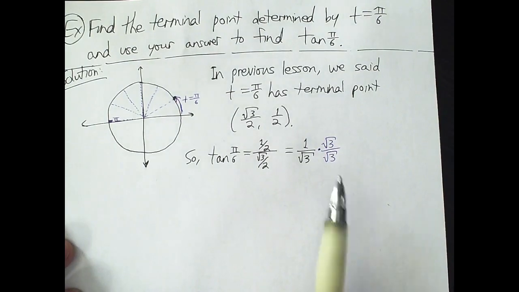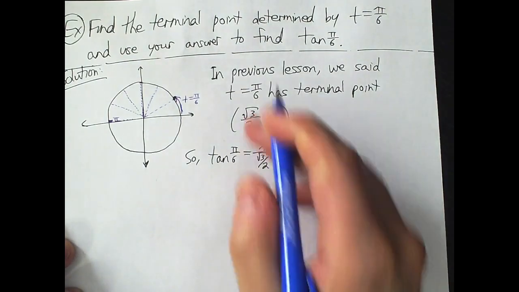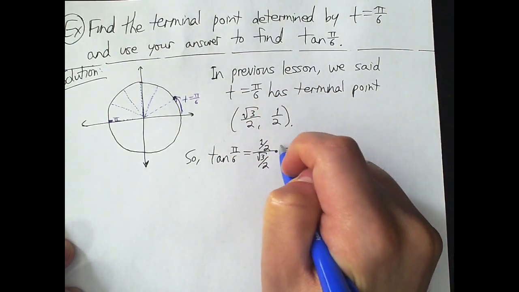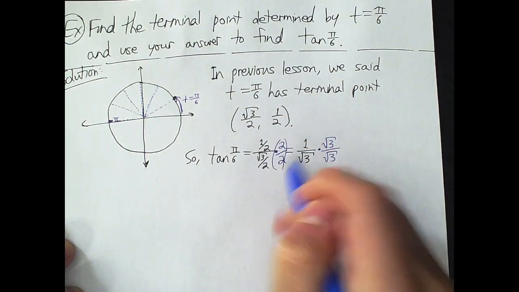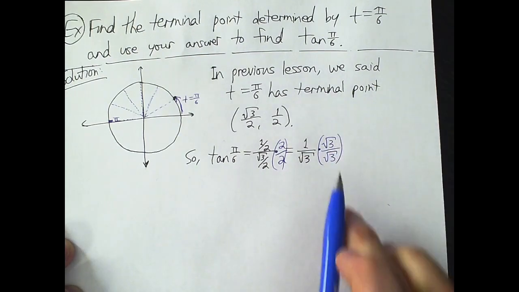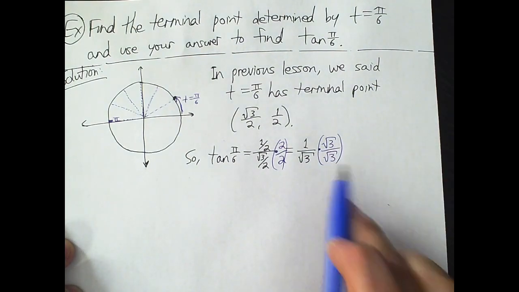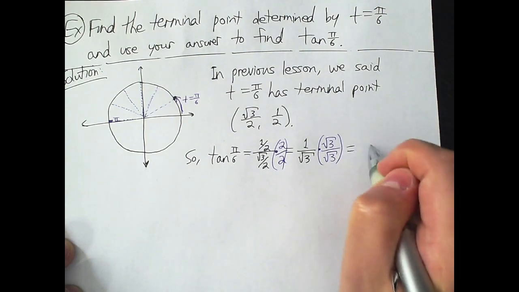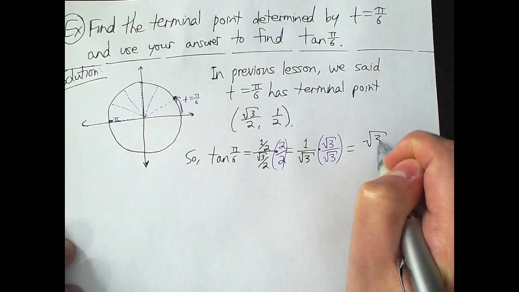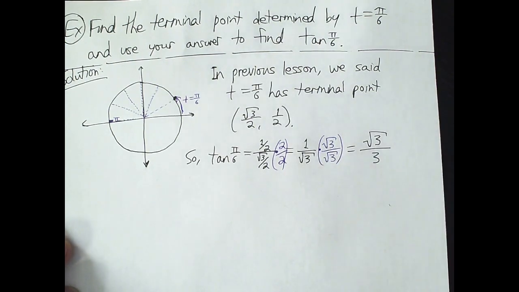You're multiplying, again, by itself. Like here, 2 divided by itself is what I did. Over here, square root of 3 divided by itself. That kind of simplifying step helps with fractions. Here, it's going to give me the square root of 3 on top and a 3 on the bottom.